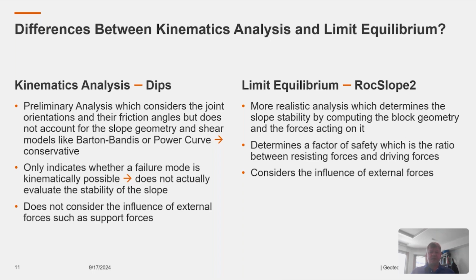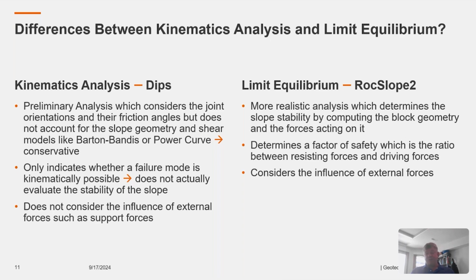Okay, so what are the key differences between kinematic analysis and limit equilibrium? I spoke a little bit about it. Basically, kinematic analysis just considers joint orientation and an idea of friction angle. It can't do these complicated joint models such as the Barton-Bandis power curve, or even Mohr-Coulomb with cohesion. It gives you an idea of what failure mode is possible, but it doesn't tell you what the critical mode of failure is.